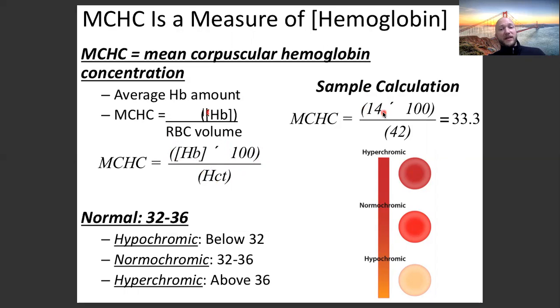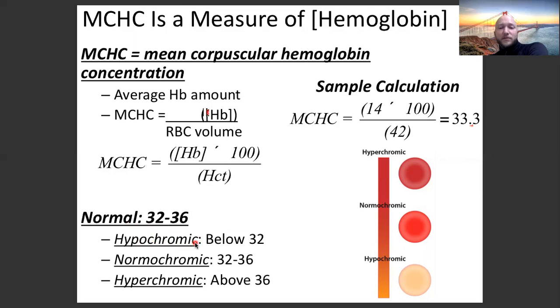14 is an average hemoglobin concentration. 42 is an average hematocrit. 14 times 100 divided by 42 is 33.3. Right in normal range. Normal is 32 to 36. If it's below 32, we call it hypochromic.